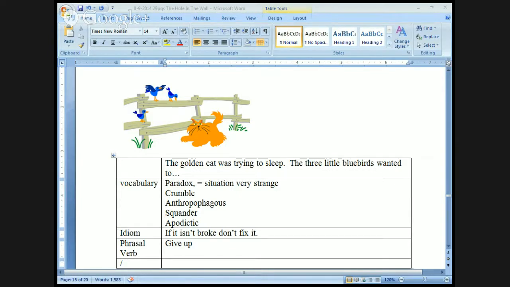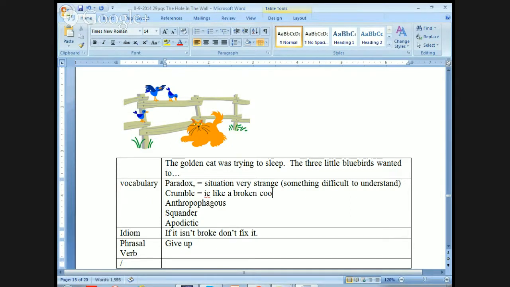Crumble is when you have some bread and you reduce the bread into little pieces. Crumble is like breadcrumbs, like a broken cookie. Okay, you got it.